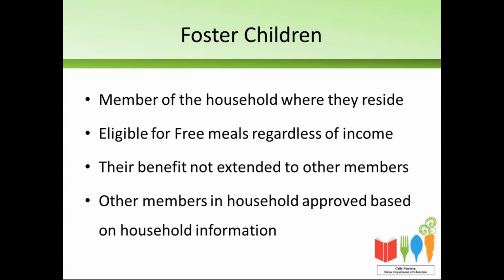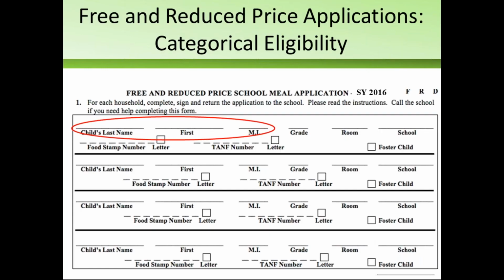However, they are counted with the other members in the household to determine their approval based on the household information. It's possible to have one foster child in a family with 3 kids. The foster child is free. The other 2 potentially could be reduced, could be denied based on the information on the application.